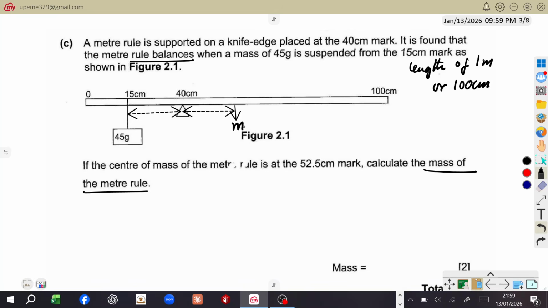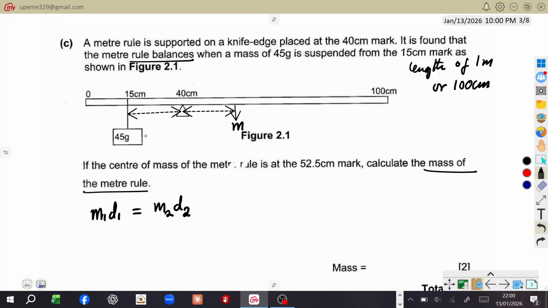All right, now for us to be able to calculate the mass, since it is balanced, we shall apply the principle of moments, where if we are using masses, we'll use mass 1 times distance 1 is equal to mass 2 times distance 2.